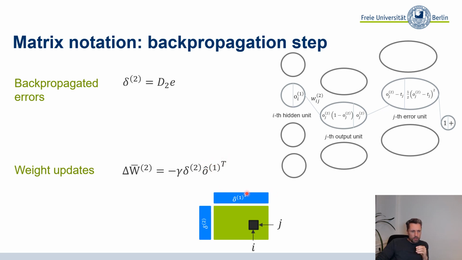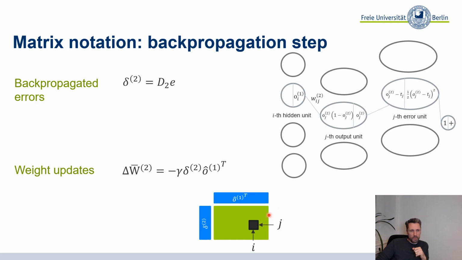So this is the delta vector, this is the transposed O hat vector. And so the ith value of the hidden units, the output of the ith unit, is multiplied with the jth backpropagated error, which is exactly what gives us the gradient of the error with respect to this connecting weight here.